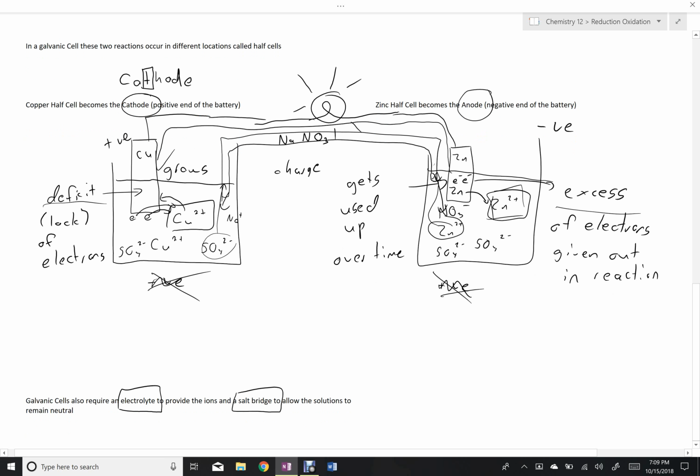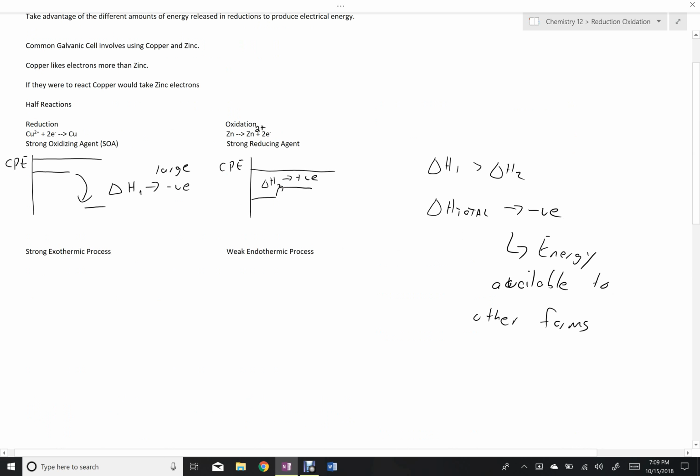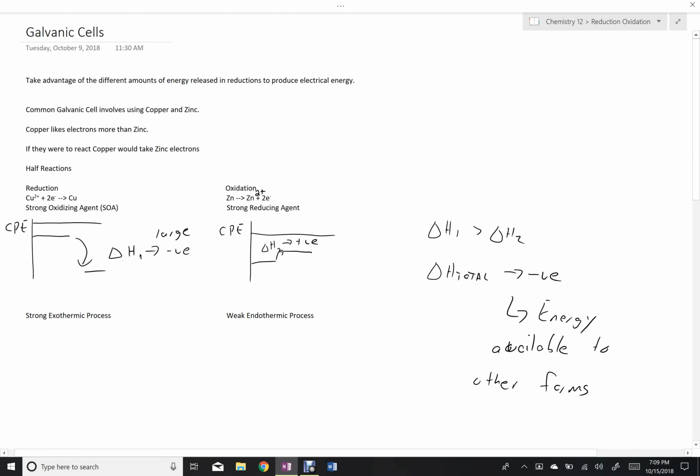So that's how we make a galvanic cell, all built on the idea that no atoms like to lose their electrons, and all atoms like to, if they are charged, gain electrons to go back to being neutral. Some atoms really like their electrons more than other atoms, and so we can exploit that difference to create an exothermic reaction and make energy available to other forms.